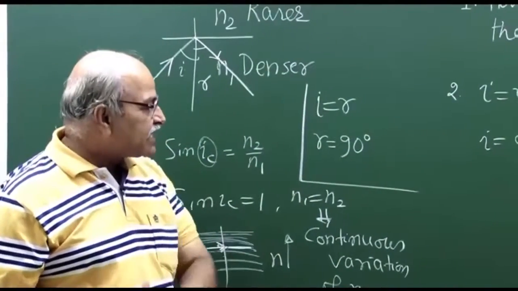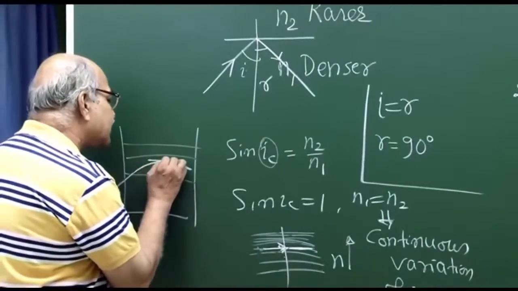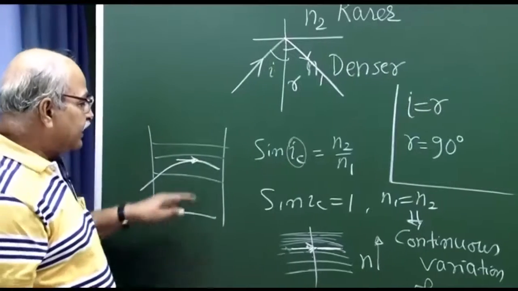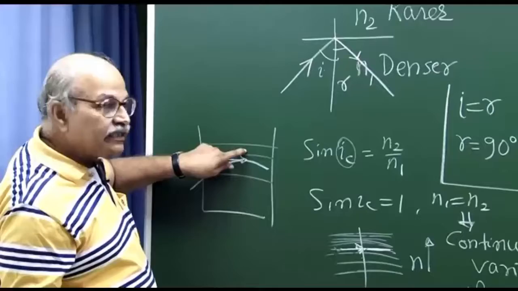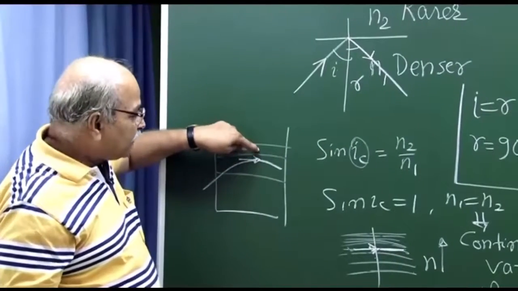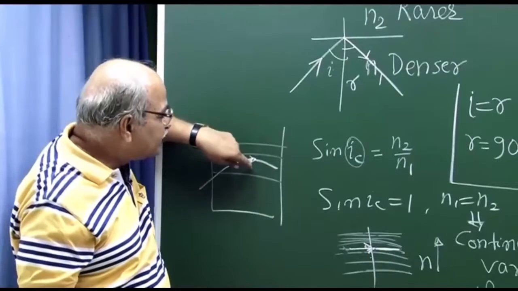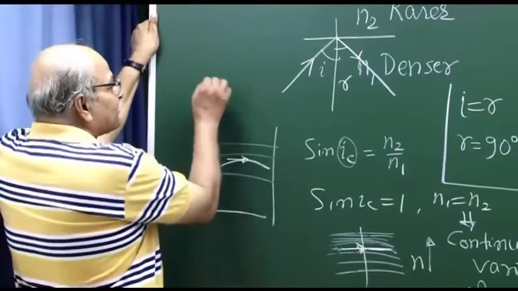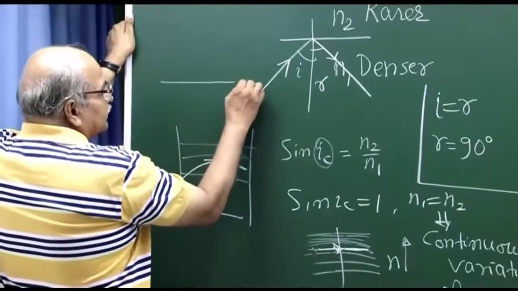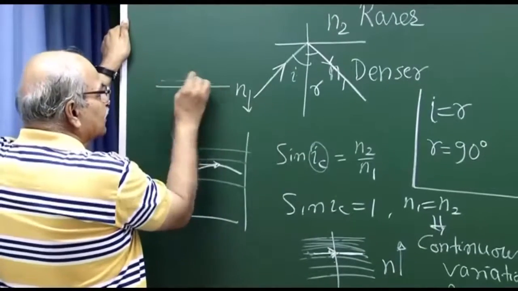The third question which I can raise is that when it is going in horizontal direction, there is more refractive index below and less refractive index above. How do you say that it is falling from the denser medium to the rarer medium? Remember, you have n which is increasing downward, so that's fine.